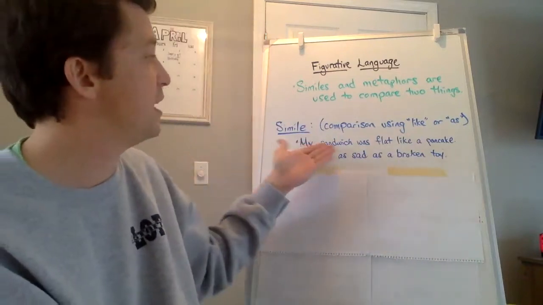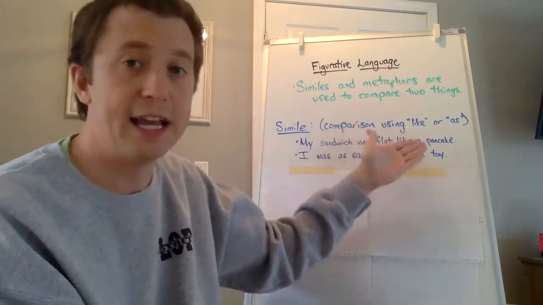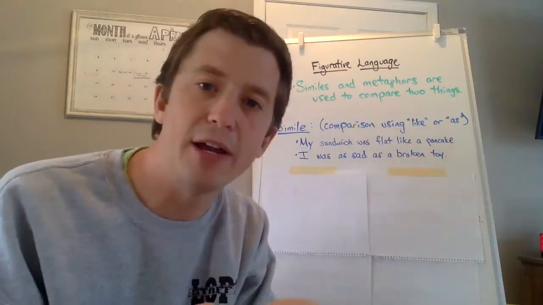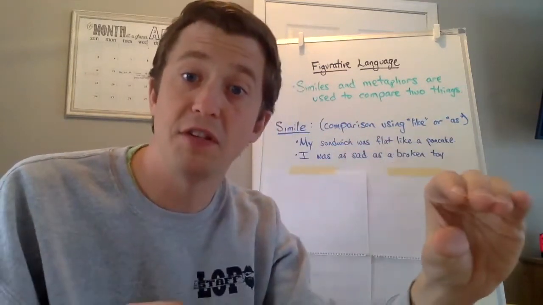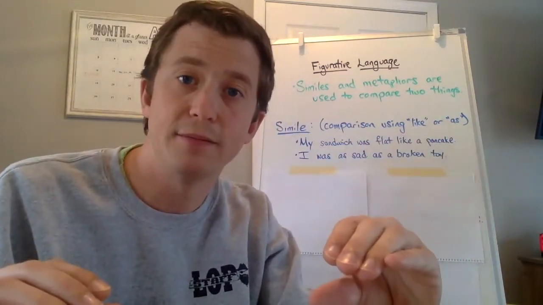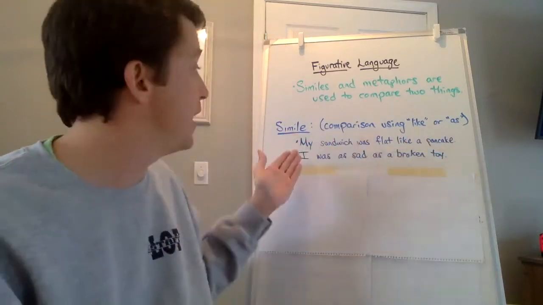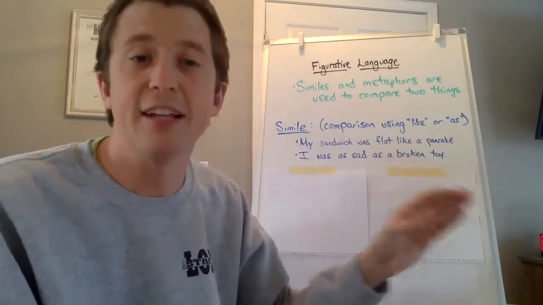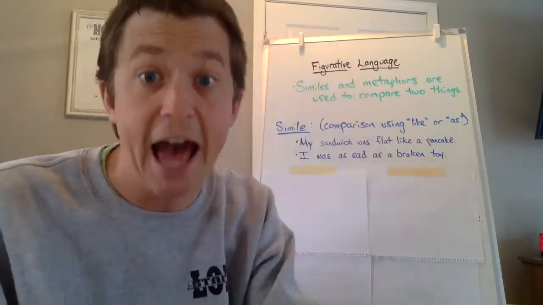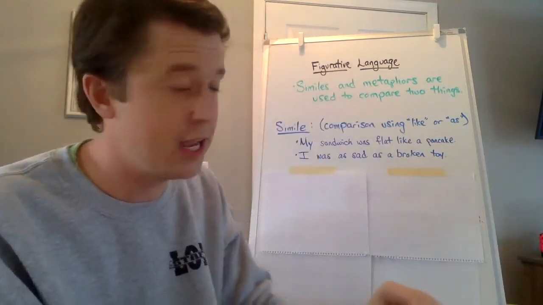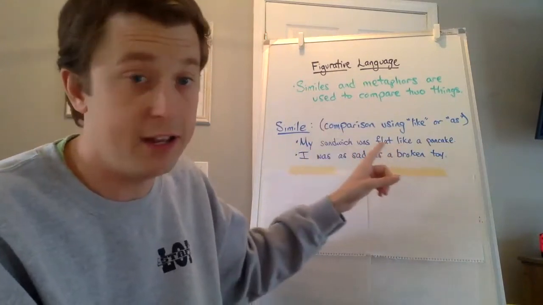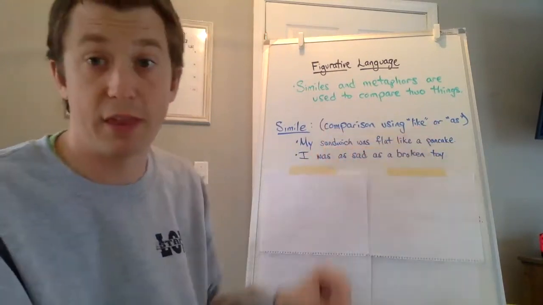Now, if I say it was flat like a pancake, then it's comparing the thickness of the sandwich to the pancake. It's not saying it is the color of a pancake. It's not saying that it tastes like a pancake. It's just saying it was flat like a pancake. So again, one similarity between the two different things.